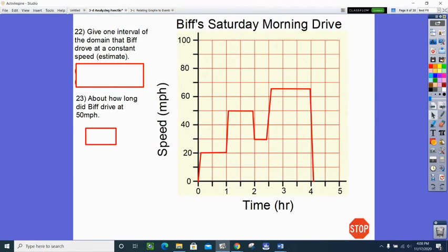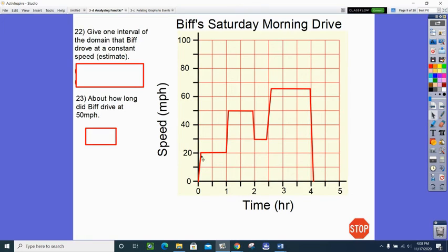Last one, Saturday. Give one interval on the domain that Biff drove at a constant speed, and it will be an estimate. One interval, you've got some choices here. Notice that this time it changed to a speed graph. Did you catch that? So now in interval, these flat lines are constant speed where he's actually moving.